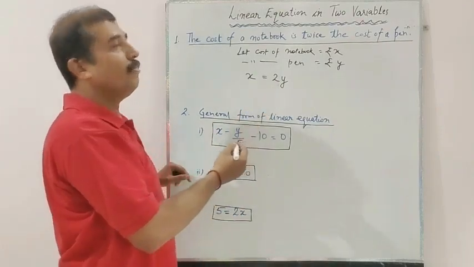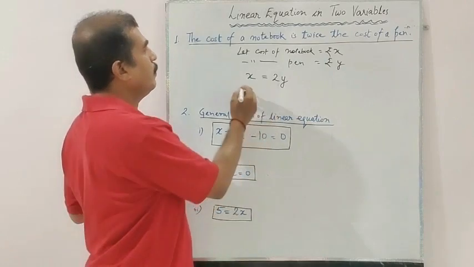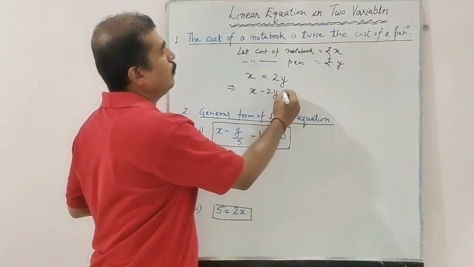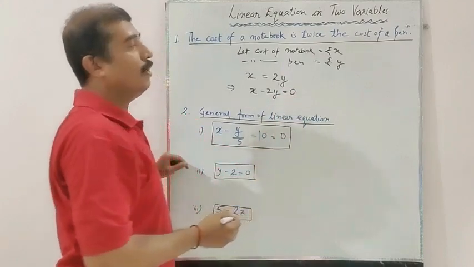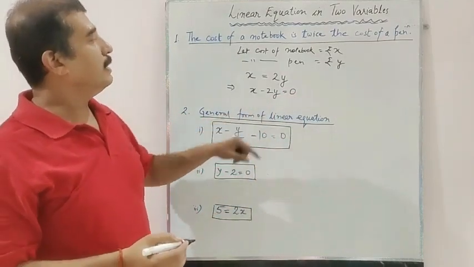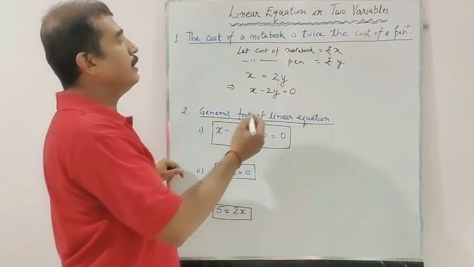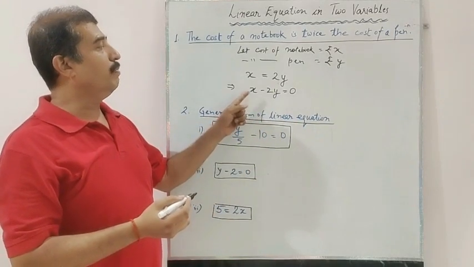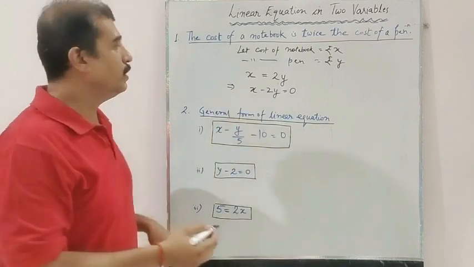If we want to represent it in the form of the general equation, it will be x minus 2y is equal to 0, and on comparison with the general form, we can see that the value of a will be 1 and b will be minus 2.